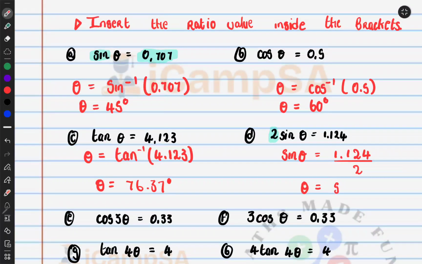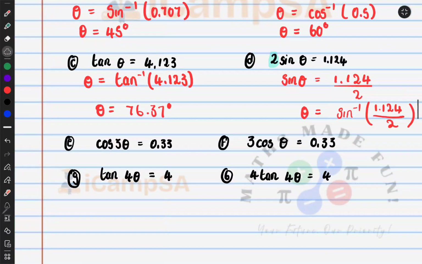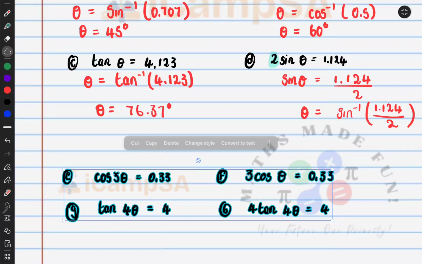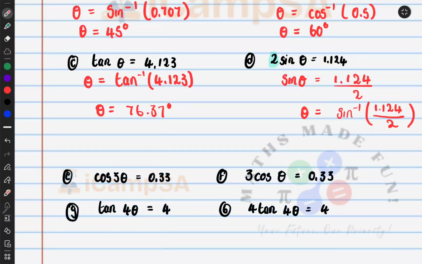And then once we are here, we can make theta the subject by saying theta is equal to sine. You press shift, you press sine on the calculator, it should appear like this. You should have sine inverse, and then with the open brackets you insert the ratio, which we have now here, just like this. You punch in your calculator. This should give us the value of theta.